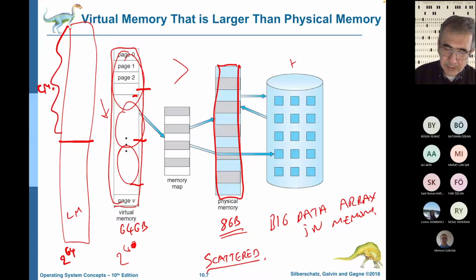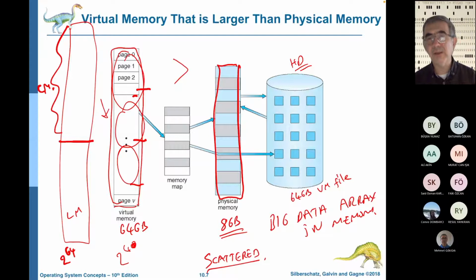So this is your hard drive. Again, a 64 gigabyte virtual memory file. Not the whole hard drive, that is a part of the hard drive.